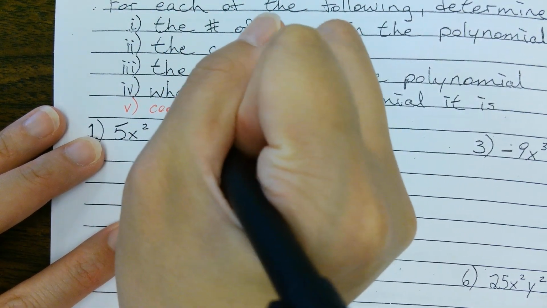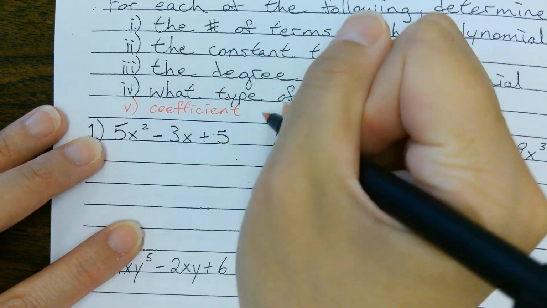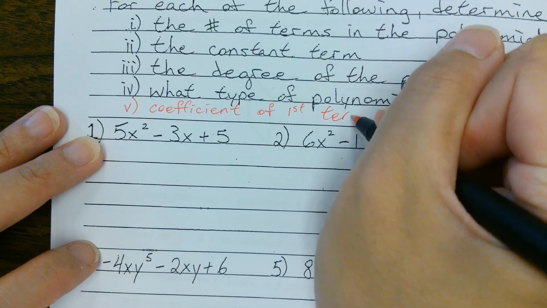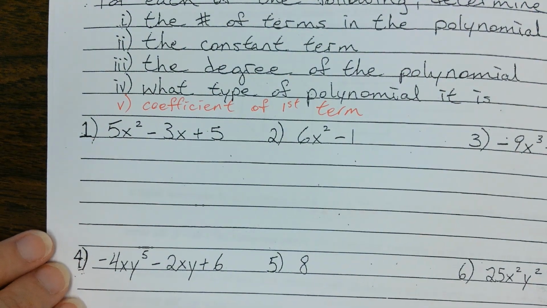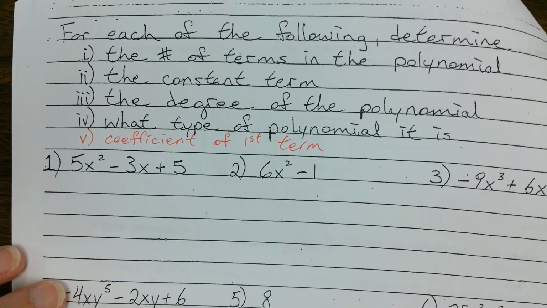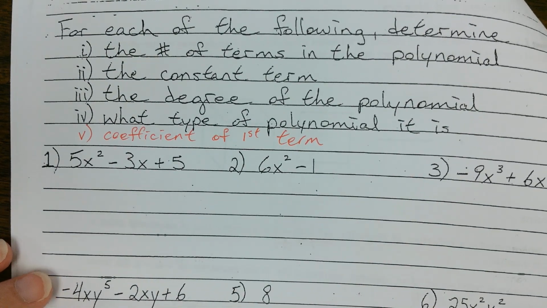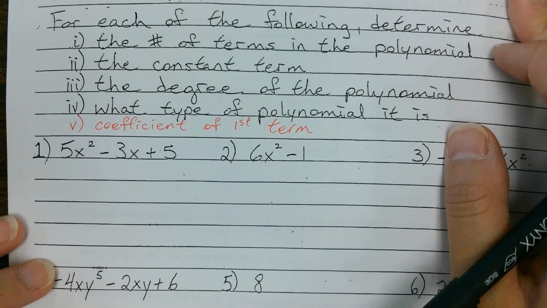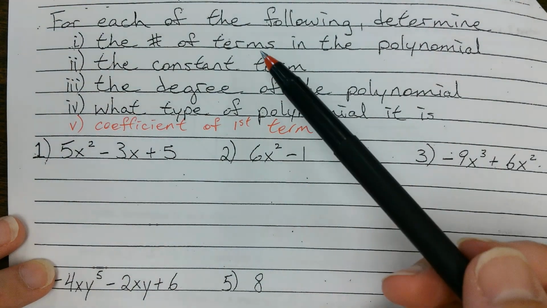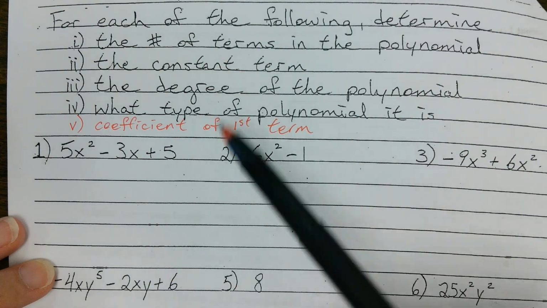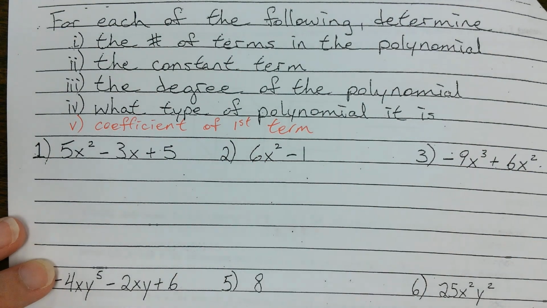Coefficient of first term. Okay, so let me add in one more in there. Because I want to make sure you guys understand the terms. If I ask you, you can pretty much be sure that for the next test, you'll get a multiple choice question like this, and I'll ask you for each of these, because each of these are just like one word answers again.